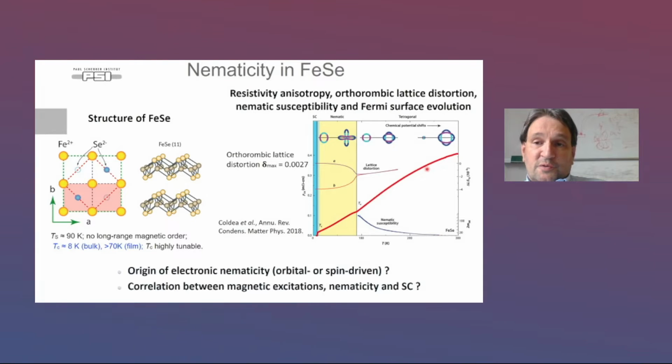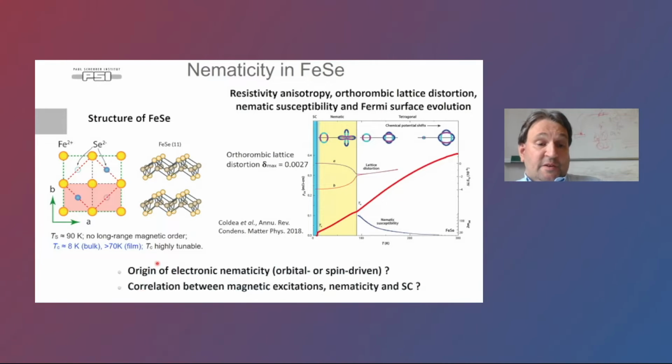Going in line with that, your Fermi surfaces are also heavily reacting to the nematic phase transition. You can see how the Fermi surfaces change heavily between the tetragonal phase, that means the temperature above the nematic phase transition, and the nematic phase, crossing the orthorhombic phase transition.